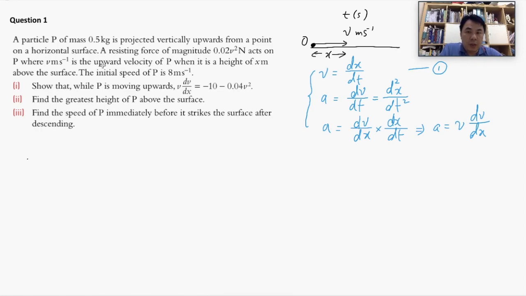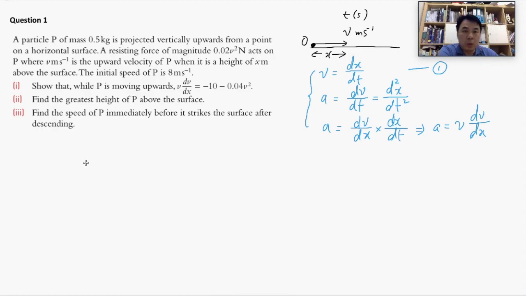That gives us the direction of where P is moving, and its height is x meters above the surface. The initial speed of P is 8 meters per second. Before we apply calculus to solve this problem, we have to illustrate the mechanics behind it.